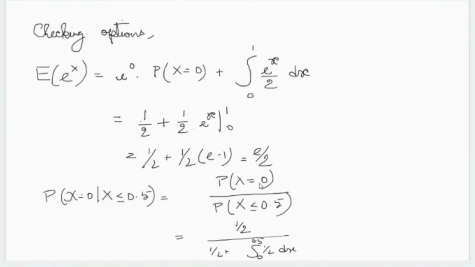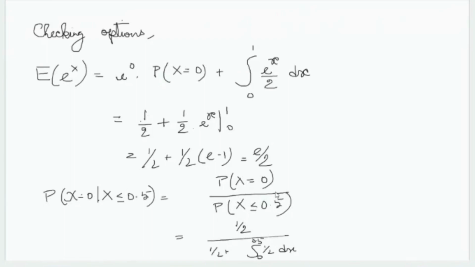And probability x equal to 0 given x less than equal to 0.5 is equal to probability x equal to 0 intersection x less than equal to 0.5 by probability x less than equal to 0.5. And now the numerator actually simply comes out to probability x equal to 0, since the intersection of x equal to 0 and x less than equal to 0.5 is simply x equal to 0.